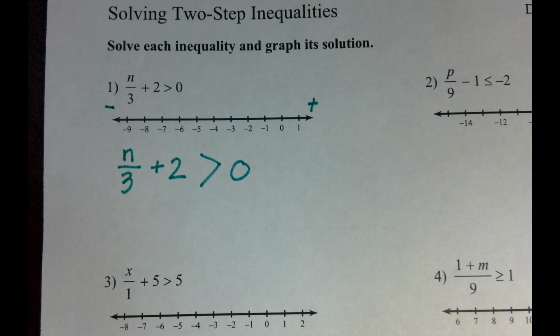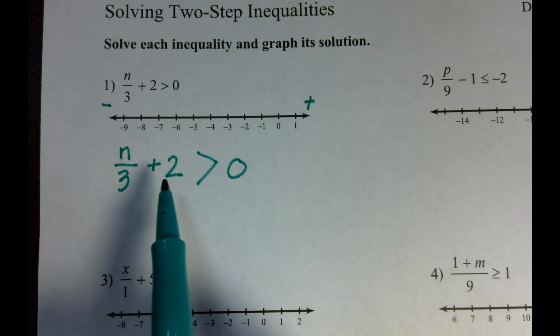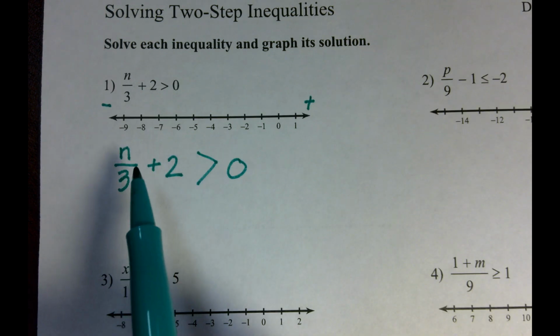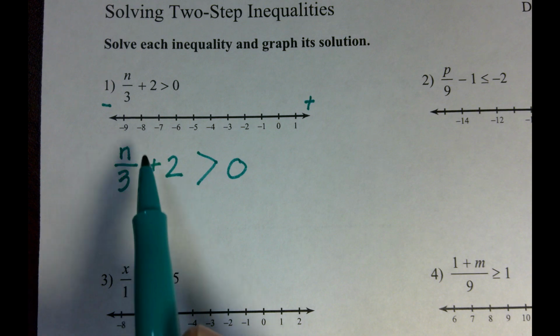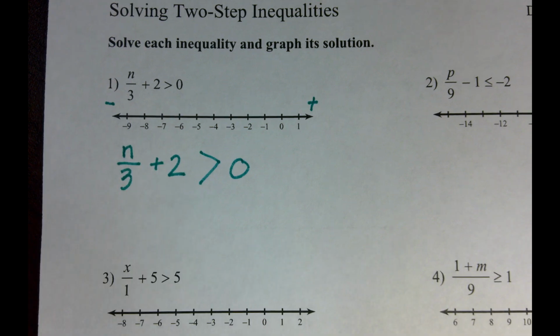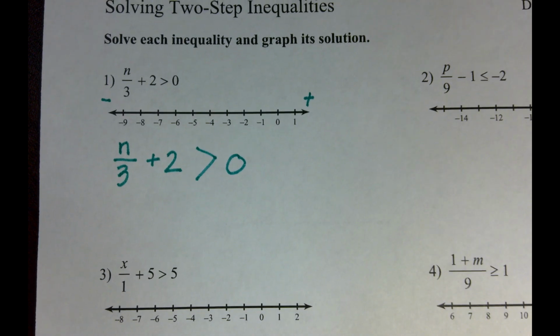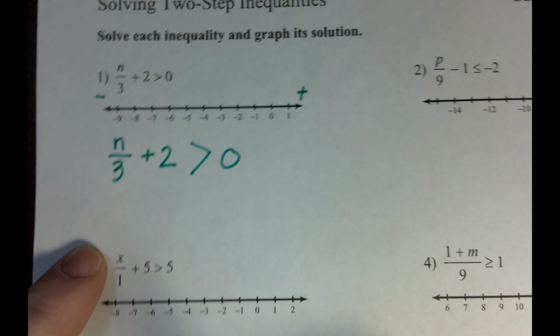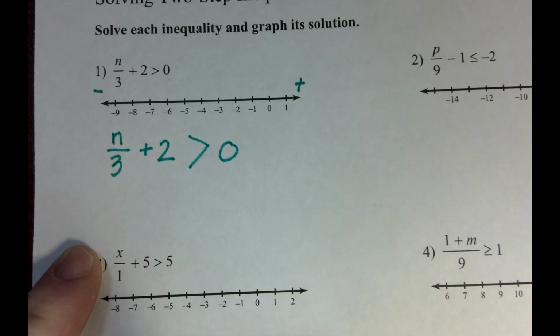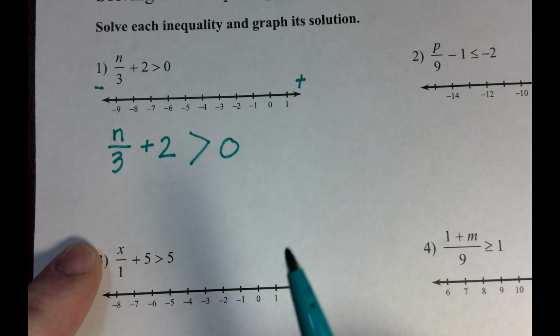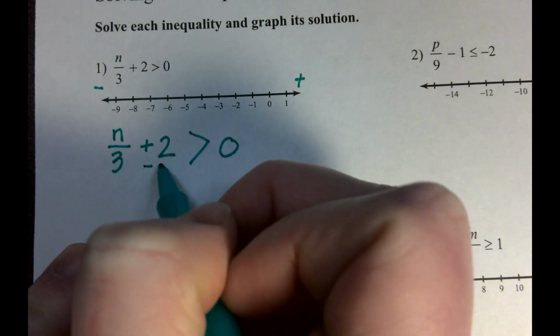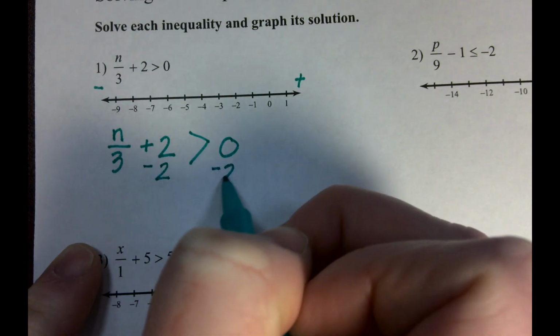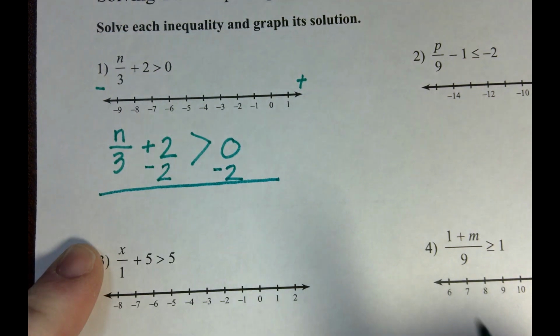So looking at number 1, I see that I have 2 operations happening. I have N divided by 3. I have that plus 2. So which one should we do first? Yes, we want to get rid of the addition and subtraction first when we're solving. So what should I do to get rid of plus 2? Minus 2. Good. Minus 2 on both sides.